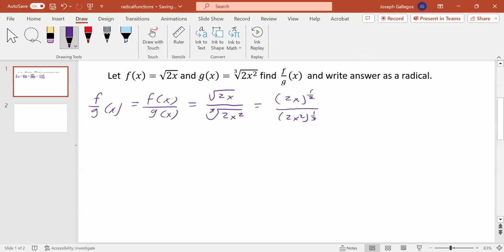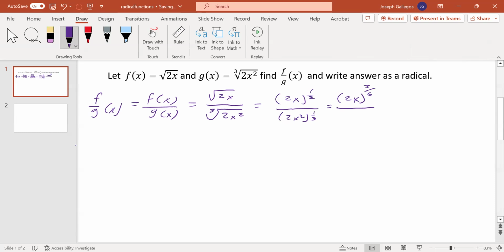And now we need to find a common denominator between the 1/2 and the 1/3. And that common denominator would be 1/6. The reason we want that common denominator is that we want to turn them into the same kind of radical. So in the numerator we would have 2x and 1/2 times 3/3 is 3/6.